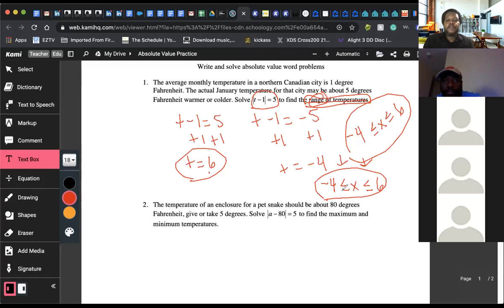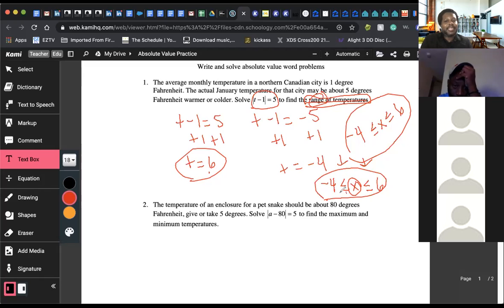So what this is saying is that X is greater than or equal to -4, but less than or equal to 6. That's what it's saying, right? You have to read it from the perspective of X because X is in the middle. So right now it says X is greater than or equal to -4.